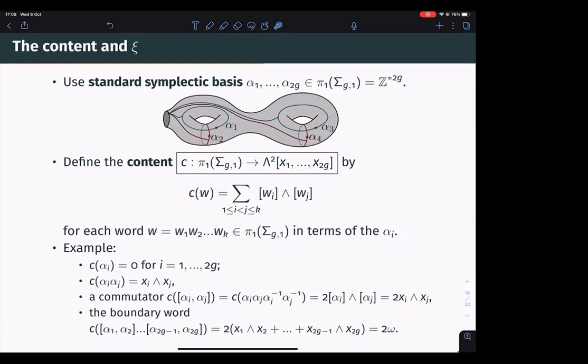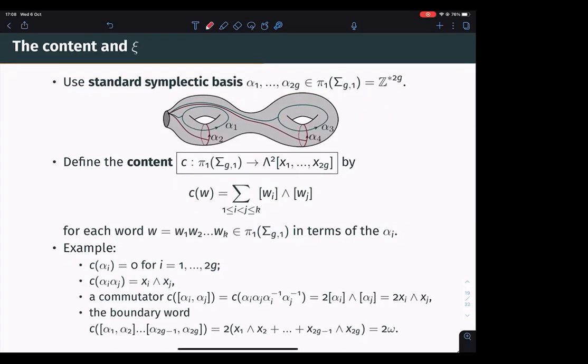Okay, I'm fixing a standard symplectic basis on the fundamental group, as shown here. It's the same as before, I'm just connecting them to the base point. I will define this quantity, that is the content, that maps from the fundamental group to the second exterior power of the x_i's.